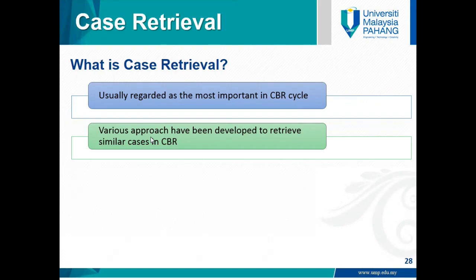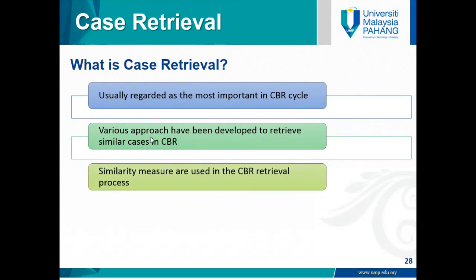One of these approaches is called a similarity measure. A similarity measure can be used in retrieving the same, if not the most similar, cases from the case base to the new problem.